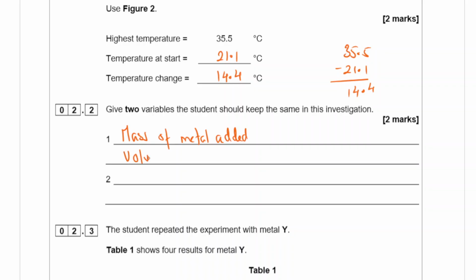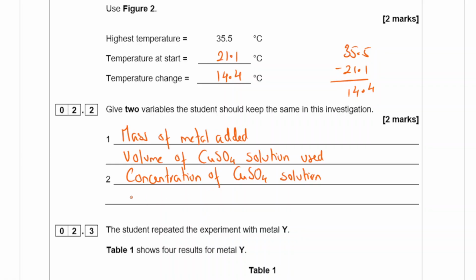Second one is volume of copper sulfate. This is a symbol for copper sulfate solution used at the start. You could also say, although they haven't mentioned it, concentration of copper sulfate solution. You want to make sure that you're using the same concentration.